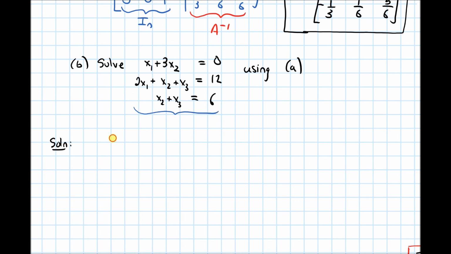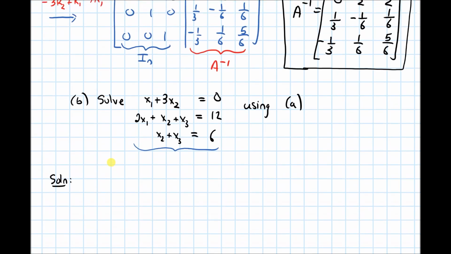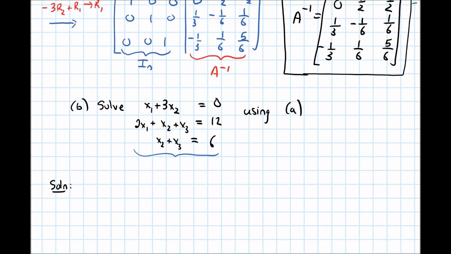Okay, so I have this system of equations. The first thing I'll do is write this equation in matrix form. The left-hand side becomes 1, 3, 0, and then 2, 1, 1. I'm just taking the coefficients of these variables. Then I have 0, 1, 1.